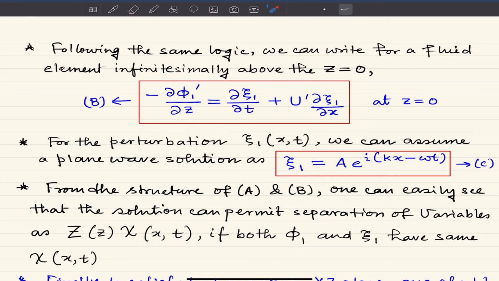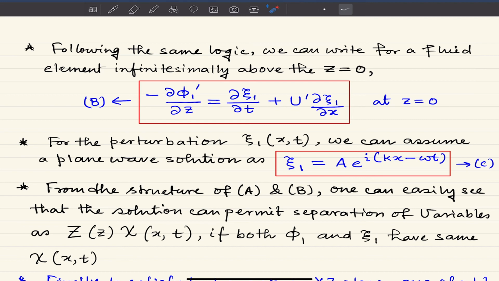One can see that the solution can be permitted if both phi1 and xi1 have the same x and t dependence part. If not, you can actually try.